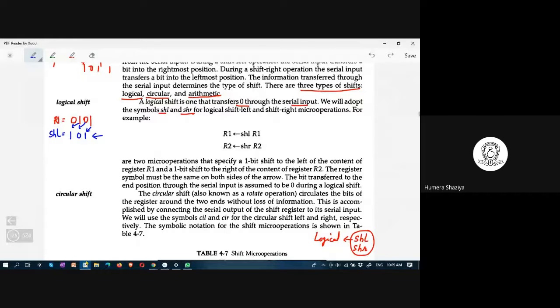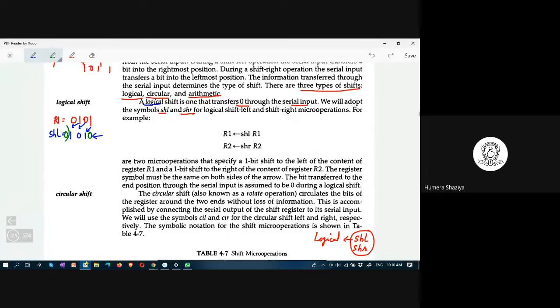Here you have to transfer 0 because it is logical shift. In logical shift, you transfer 0 through serial input. When you shift the contents to the left, the rightmost position should receive a value 0. All right, here this 0 is transferred in, and this one is transferred out. This is out.